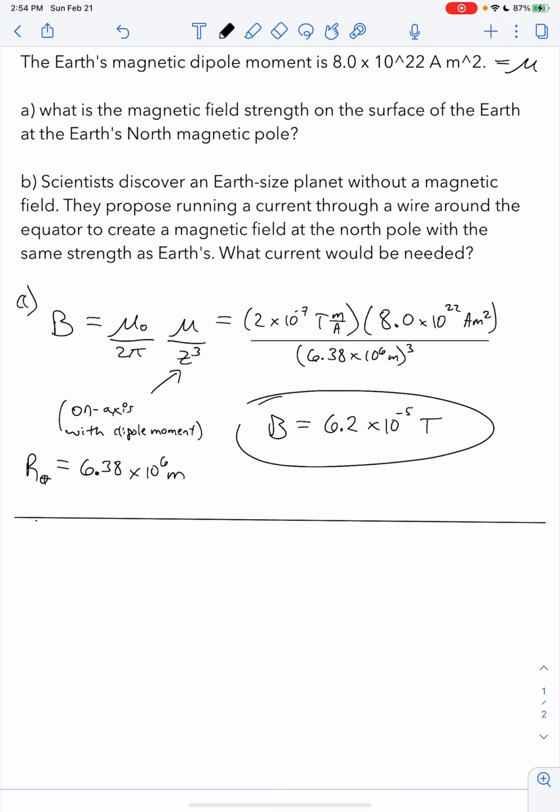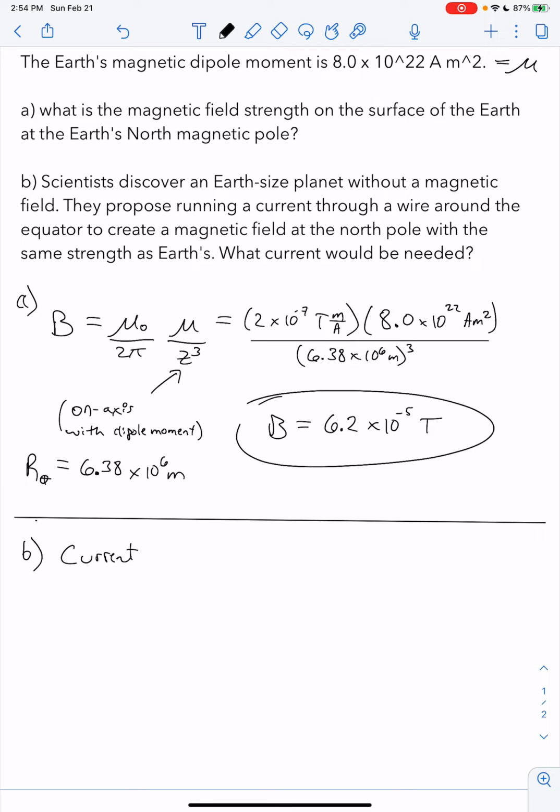What about B? So in B, what we're looking for is the current. Essentially, we want to have a current running around the equator that produces an equivalent magnetic field. So how do we do that?